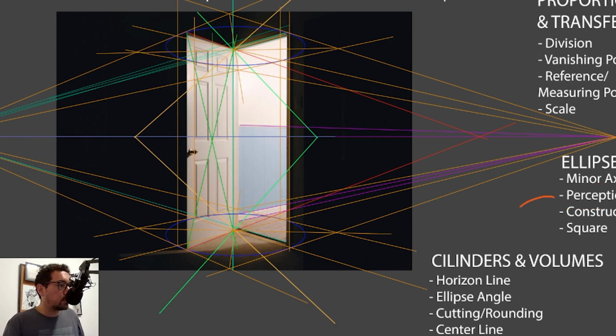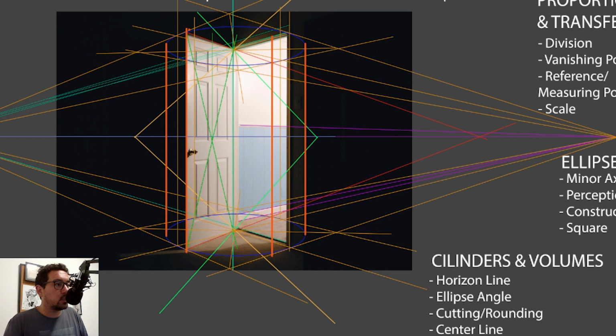Perspective has a great relationship with the horizon line. So the degree of the ellipse has a lot to do with how close to the horizon line it is. And also if we're seeing it downward or upward, it has all to do with the horizon line. So this one, we're going to be seeing the bottom. So if we did have a cylinder situation, let's think of a pod where you have a door that you can go in.